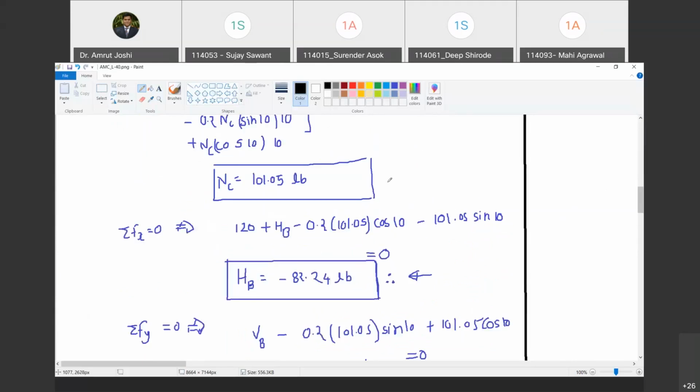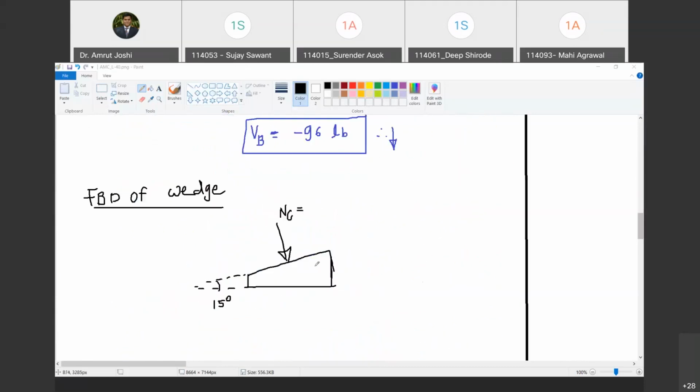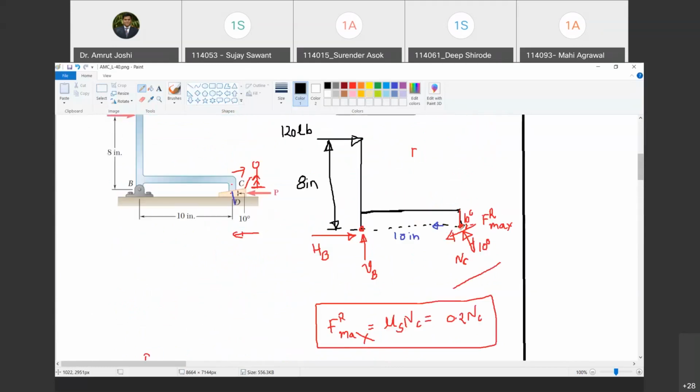Are you with me? Yes, sir. And what is the value of that NC? That NC we have already established it to be 101.05. Happy? Yes, sir. So let me show that this is 101.05. What else? So if you look at this, there is a frictional force applied by wedge on the machine part at C, and that is towards left.